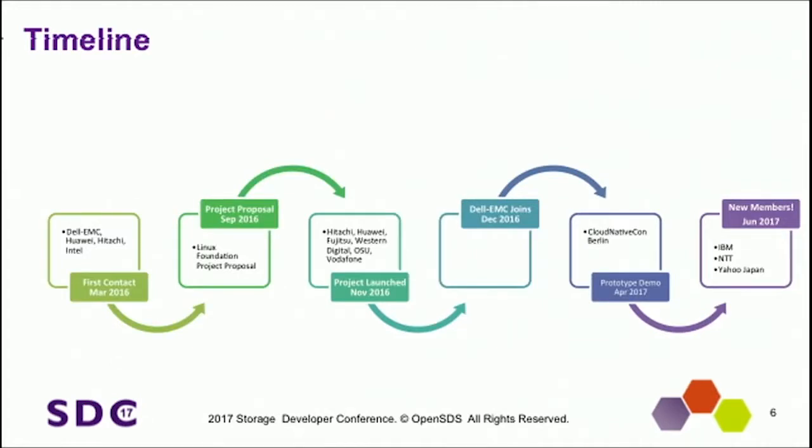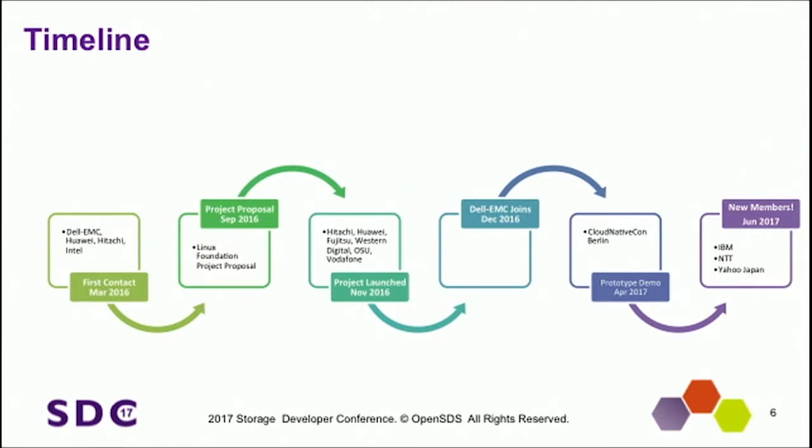Looking back historically, it's a relatively new project. In March last year, a few storage vendors met together and talked about the challenges we're facing, and we proposed it to the Linux Foundation in September last year.